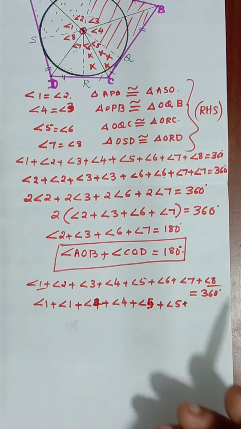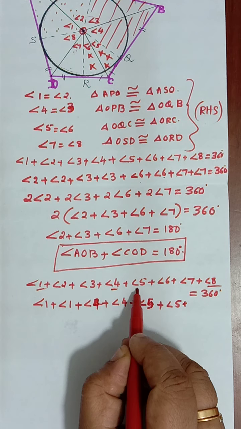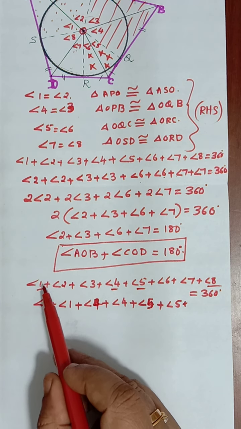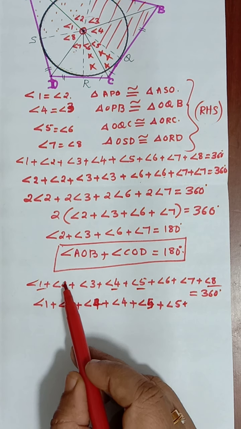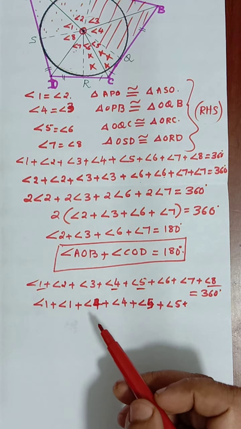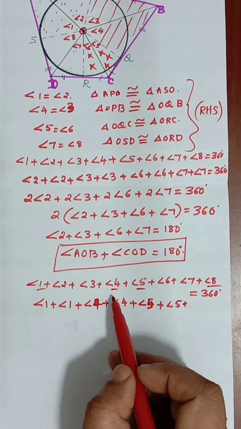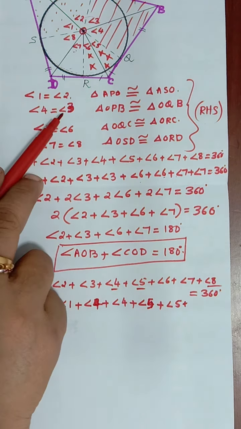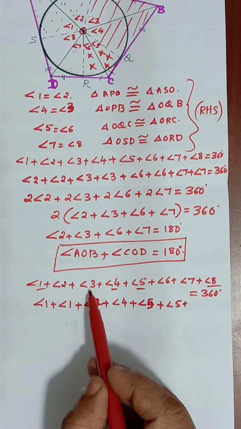For COB, 4 and 5. 4 we need, 5 we need. Other values we have to change. So here we have 1 we needed. 2 can be changed as 1 because 2 is equal to 1. Then 4 we need, so 3 we change as 4, because 3 is equal to 4.